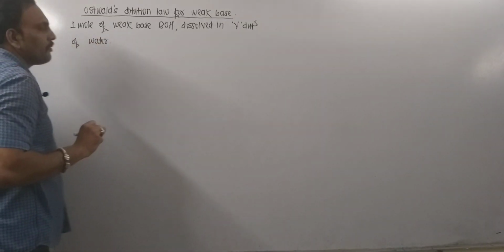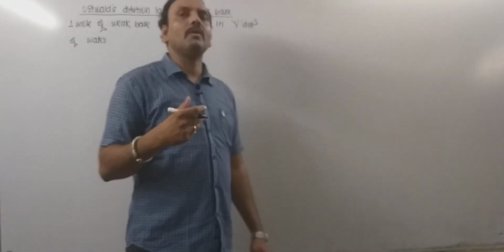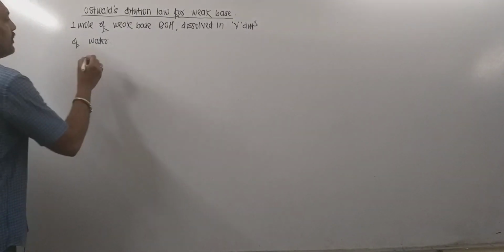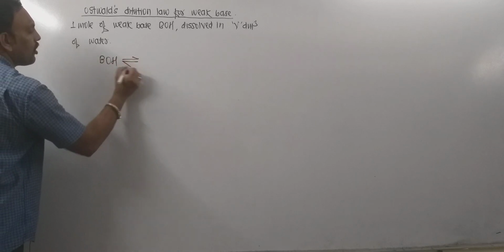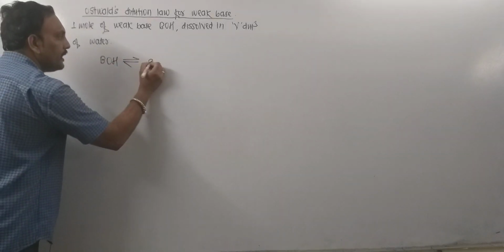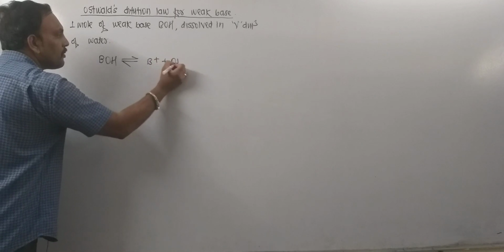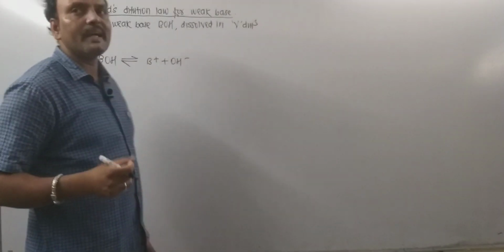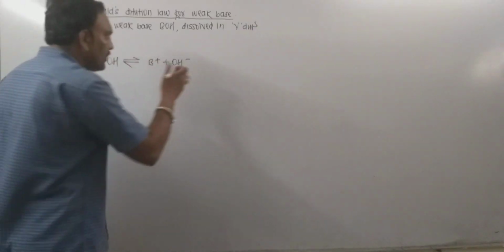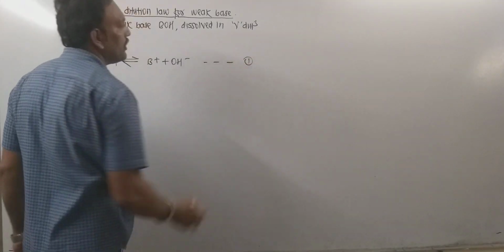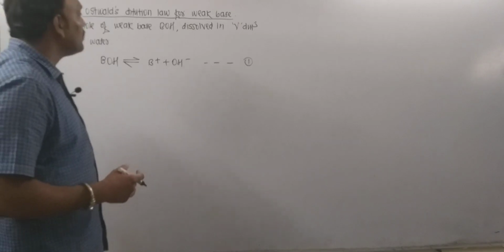When 1 mole of weak base is dissolved in V liter of water, dissociation is expected. So BOH undergoes ionization producing B plus and OH minus ions. This is equation number 1.